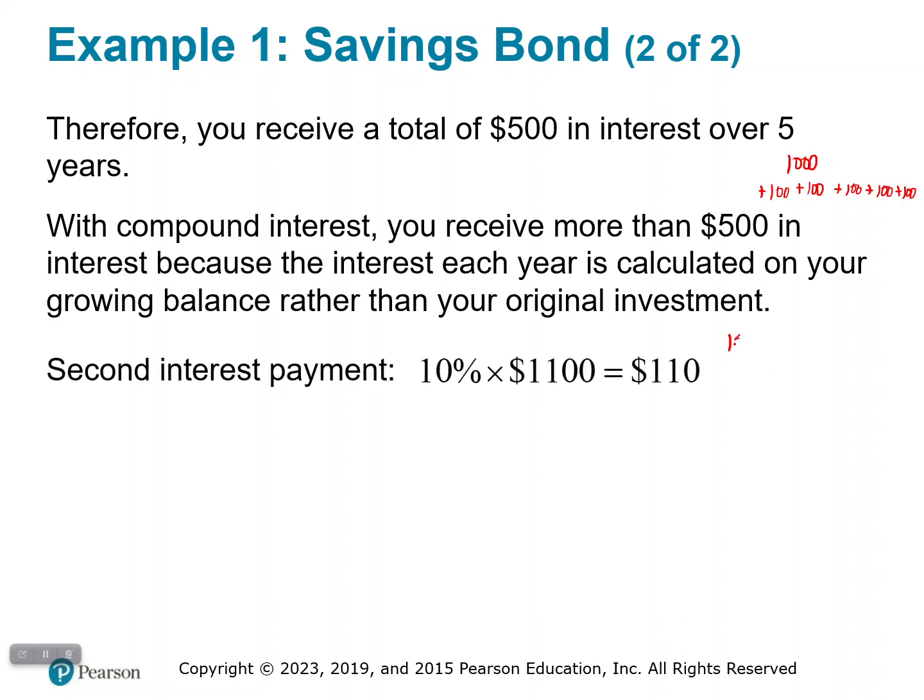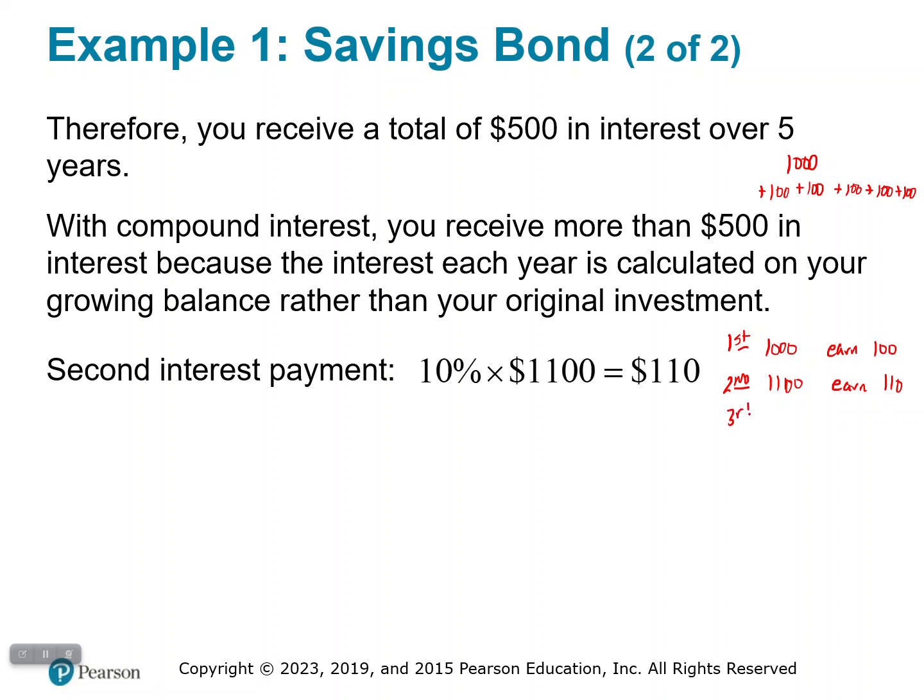So the first year, you have $1,000 and you earn your 10%, or $100. But now in your second year, you have $1,100. You don't go back to that original 1,000. That interest goes into the account, $1,100. Now that will earn more interest because you have more money in there.